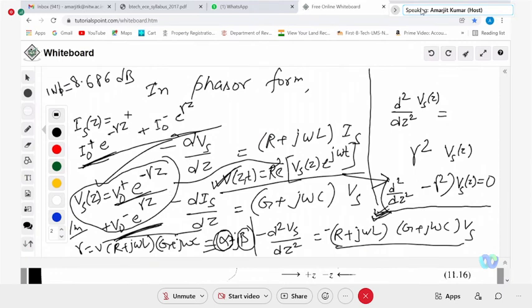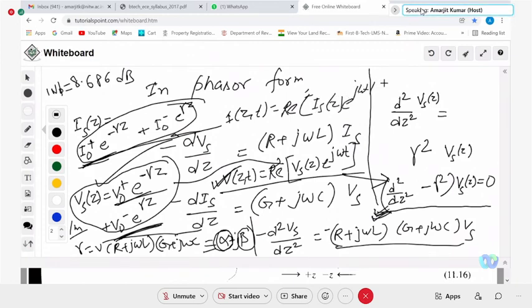Similarly, this IS(z) you put in and calculate I(z,t), equal to the real part of IS(z) e to the power j omega t. Put it here. You will get I(z,t) also.